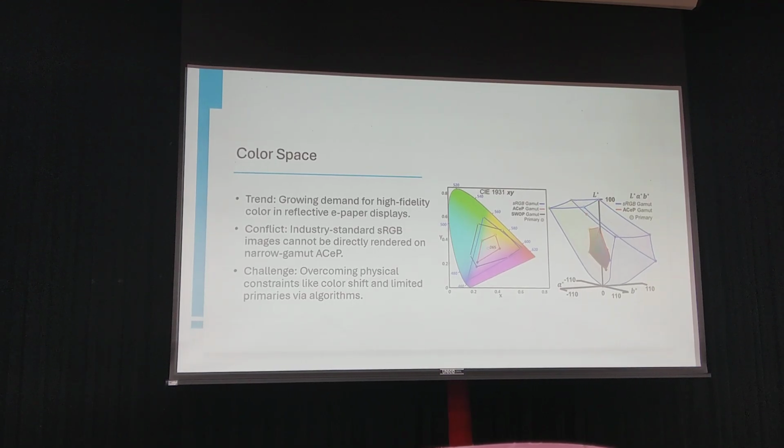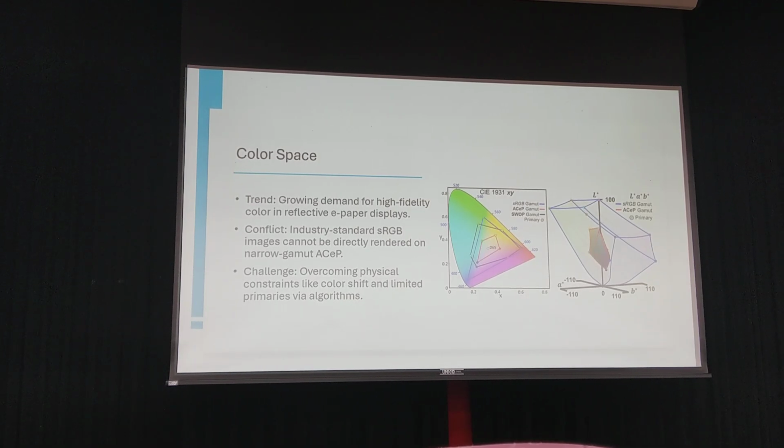And next, the color space. To understand the visual gap we just saw, we must analyze the color gamut. While market trends demand higher color fidelity for e-paper, there is a major conflict: the severe mismatch between industry standard sRGB images and ACeP hardware. Looking at the gamut diagram, the blue line represents the sRGB standard, while the red line shows ACeP's actual reach.